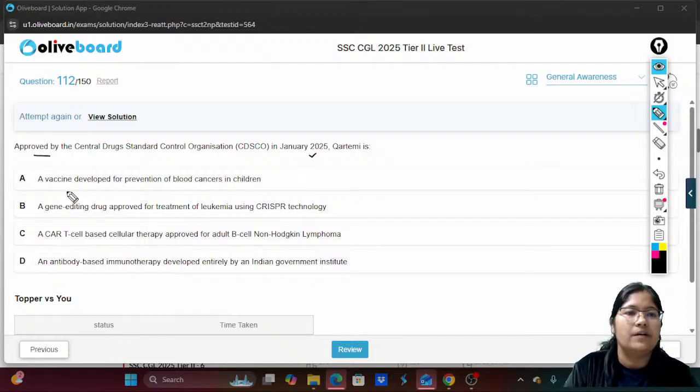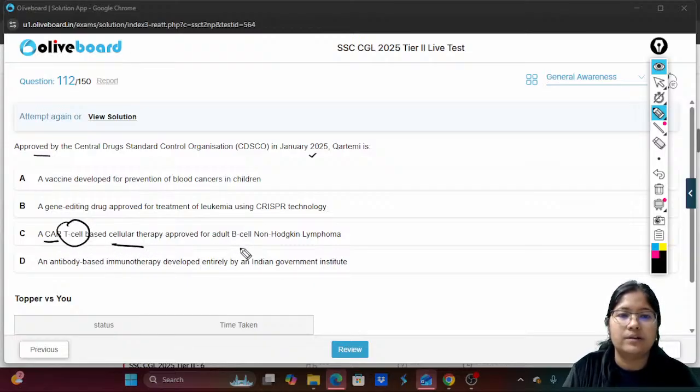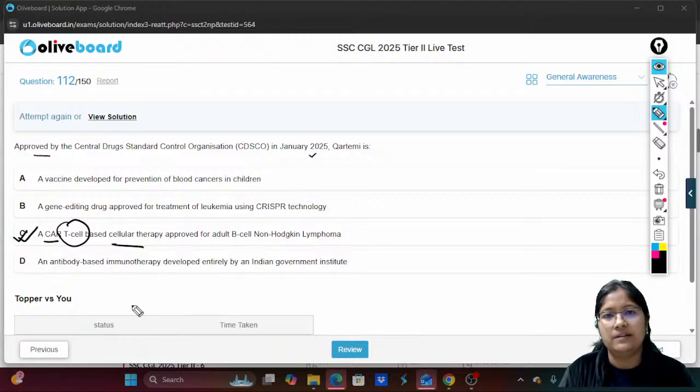Okay. A vaccine developed for prevention of blood cancers in children, a gene editing drug approved for treating leukemia, a CAR T cell based cellular therapy approved for adult B cell. So it is like from the human's own body itself, some T cells can be used to fight the cancer cells.